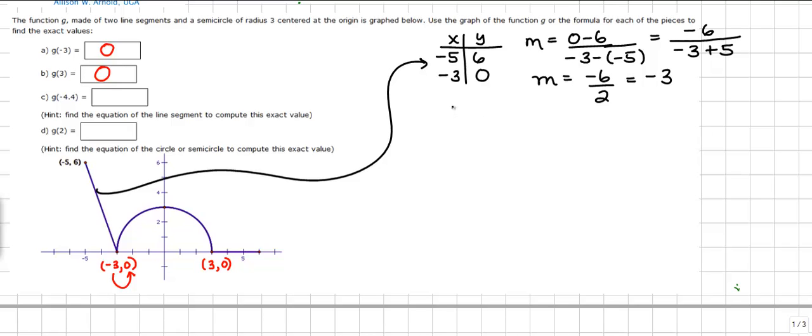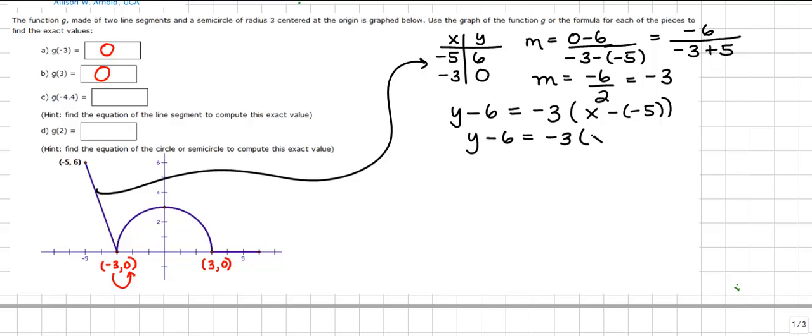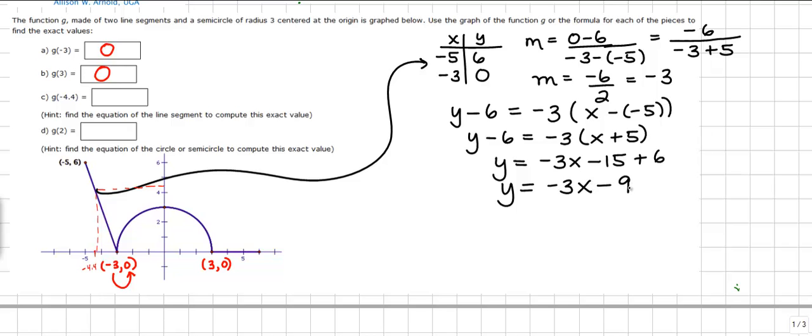If I use point slope, I'll write y minus the y coordinate 6 equals the slope negative 3 times x minus negative 5, which in turn gives me y minus 6 equals negative 3 times the quantity x plus 5, or y equals negative 3x minus 15 plus 6. So when we simplify, we have y equals negative 3x minus 9.